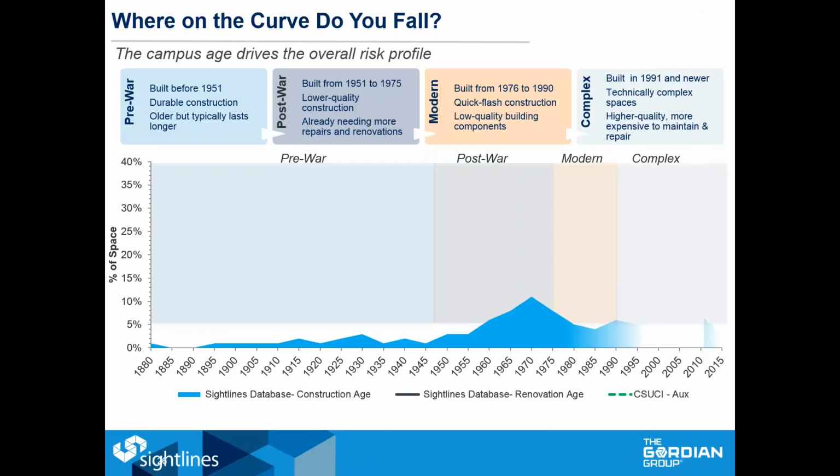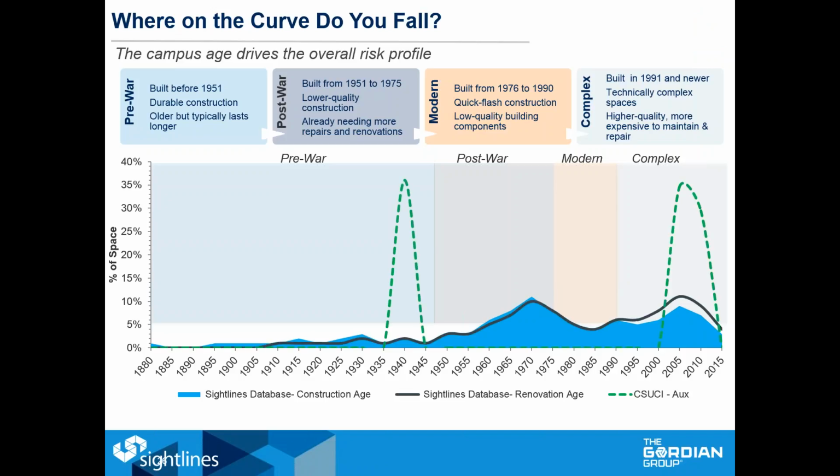Some examples: we plot every school on that same graph that we looked at before. A school that has a lot of spaces in the pre-war era is very different than a school that has a lot of newer facilities. The capital needs are different. The daily service needs are different. It tells us a lot.